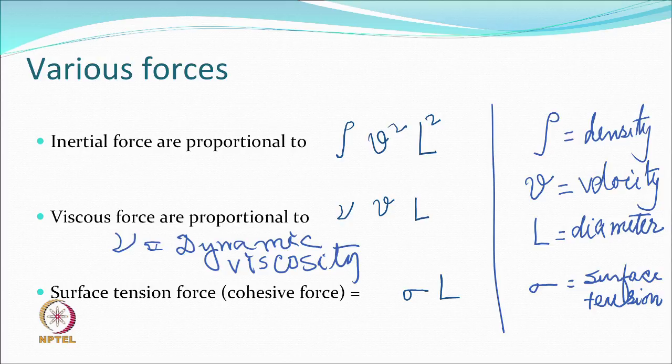The viscous forces are proportional to the viscosity and the velocity and the diameter. Surface tension forces are proportional to the surface tension, which is the interfacial tension, the air versus the liquid interface, and of course, what is the length, diameter, and so on and so forth.